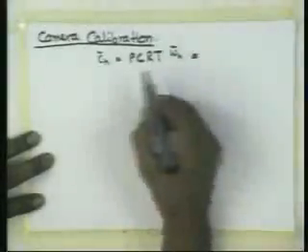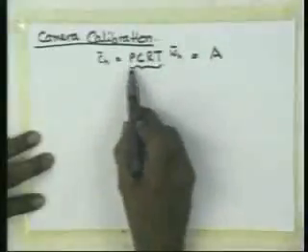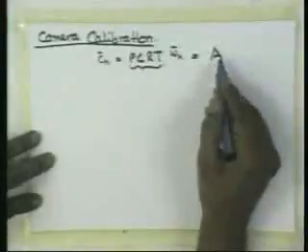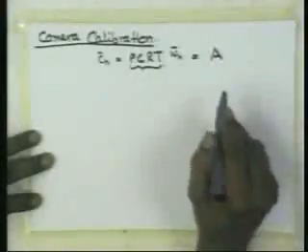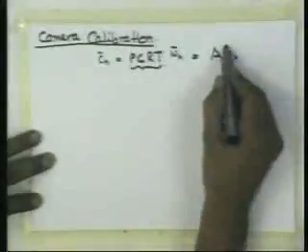I can say that all this is collapsible into one single matrix because each of these is a 4 by 4 matrix. So when I multiply it out, I get 4 by 4. Let's call that A. That is the transformation matrix which I am interested in.